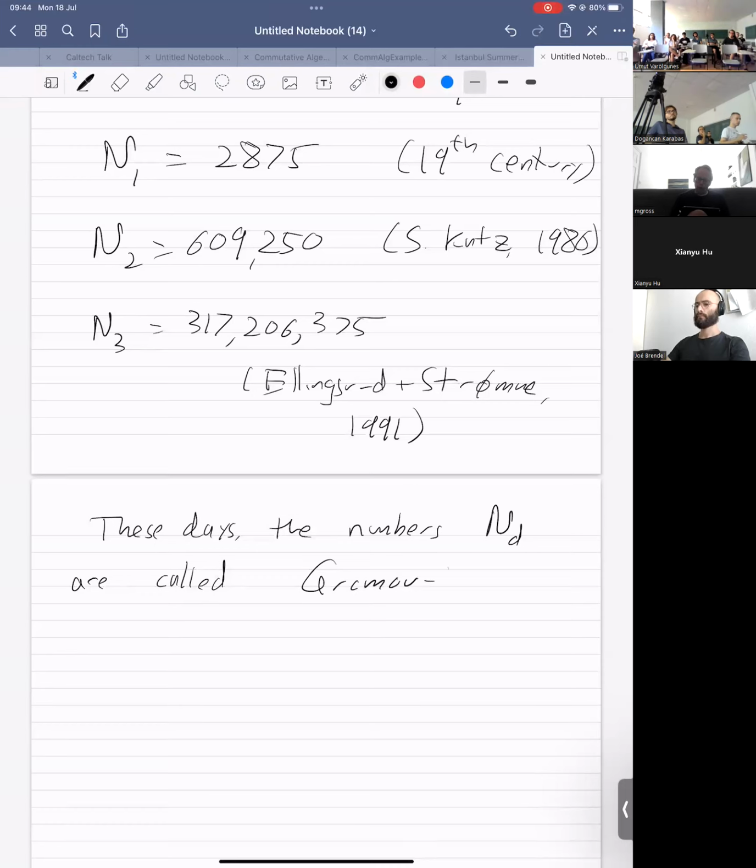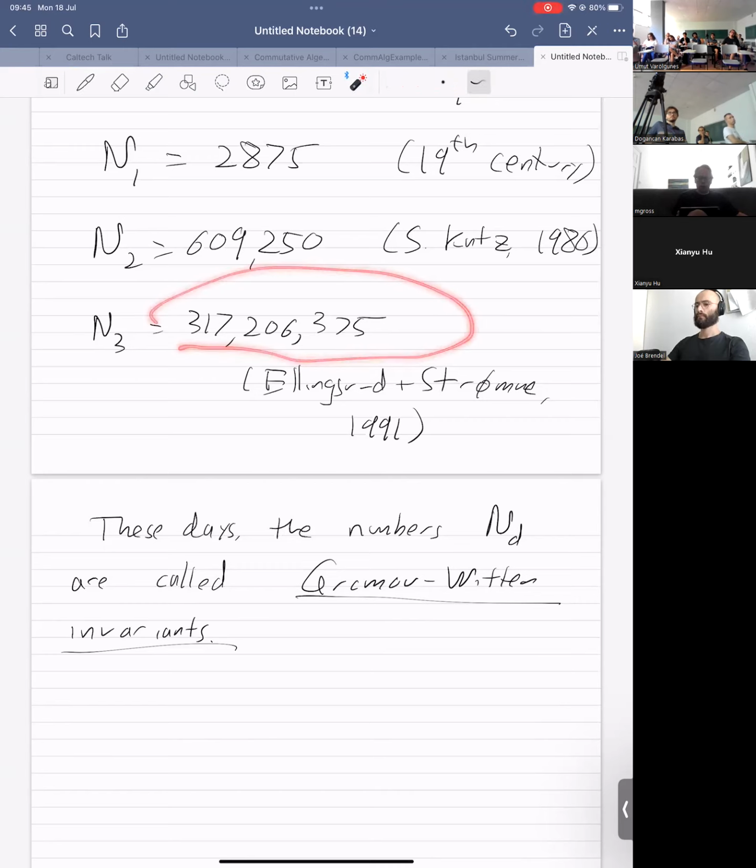So this is one of the basic concepts of modern enumerative geometry. So Gromov-Witten invariants are curve counting invariants. We will certainly see, as the next 2 weeks go on, lots of examples of Gromov-Witten invariants. At the time when even Ellingsrud and Strømme did their work, there wasn't a notion of these invariants.